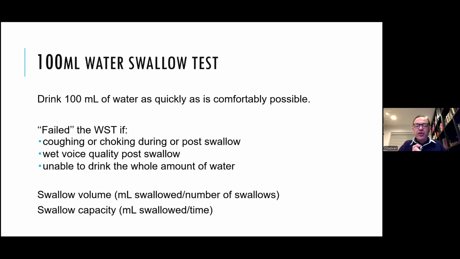You will have the swallow volume, which is how many mls they can swallow per single swallow, and swallow capacity, which is how many mls they can swallow per second. That's again a very useful tool for screening, but also for comparison. And it's a cheap test you can do. It doesn't need anything apart from a glass and some water.